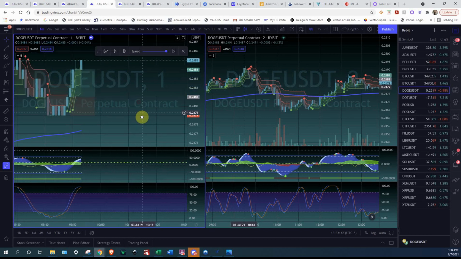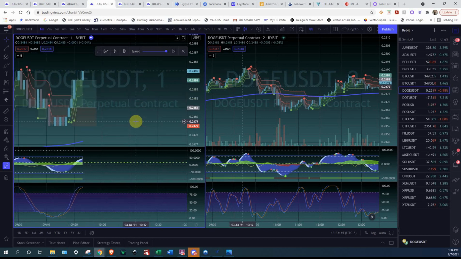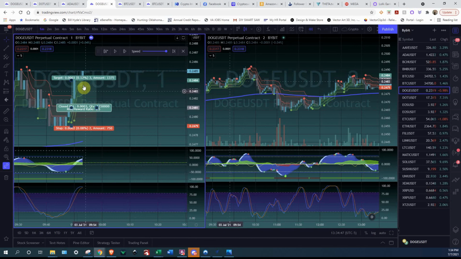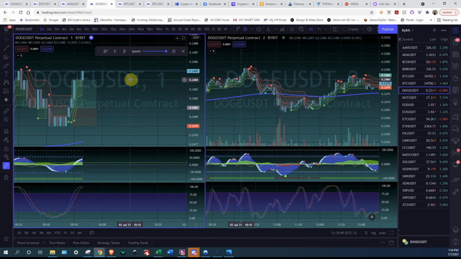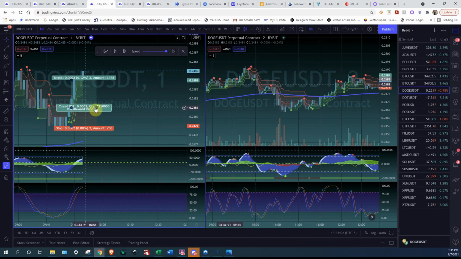Now what you can do, if you really want to maximize your profits, is enter a limit order right at the top here, which is the 24.84. You can cash out half of it, do a limit order, and take out 50% of your profits. And as soon as that gets hit, you can move your stop loss to just above your entry to guarantee profits.